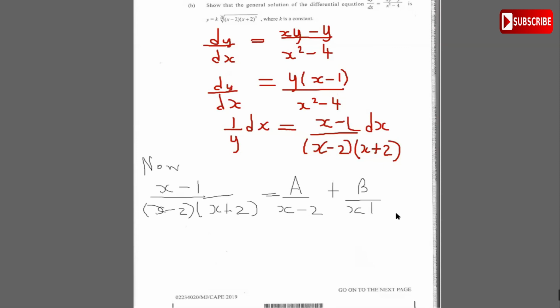So since this is what we get, we can now separate them to find a and b.